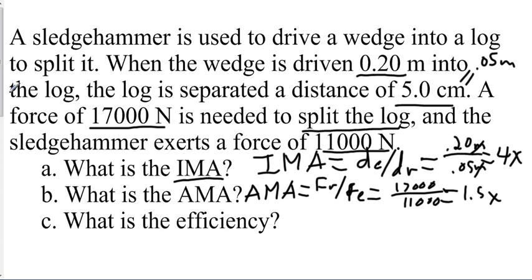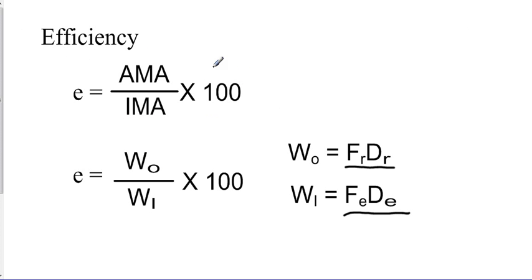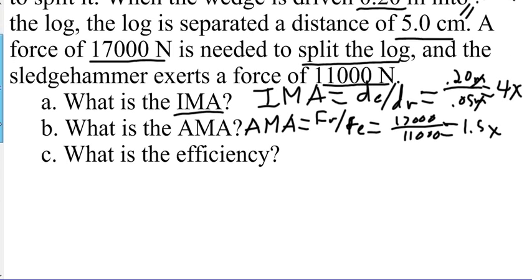Now, if we're looking for the efficiency, if we've already calculated the IMA and the AMA, if we go back here, this equation is going to be the easier version. Rather than having to recalculate the work, we can use the values that were given for our AMA and IMA in our calculation from there.